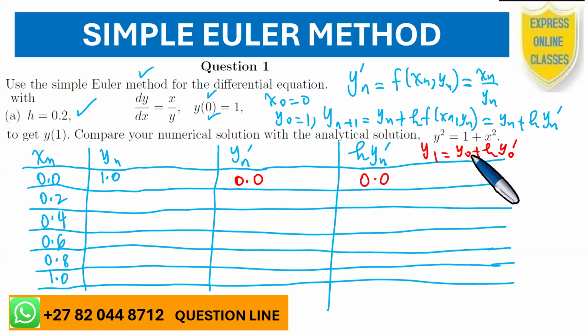So y1 is going to be y0, which is 1, plus 0.2 for h times y0 prime, which is this one. But you can say the y0 prime is already 0. So 0 times h is going to be 0. So this one is going to be the same as y0. The y1 is going to be the same as y0, which is 1.0.